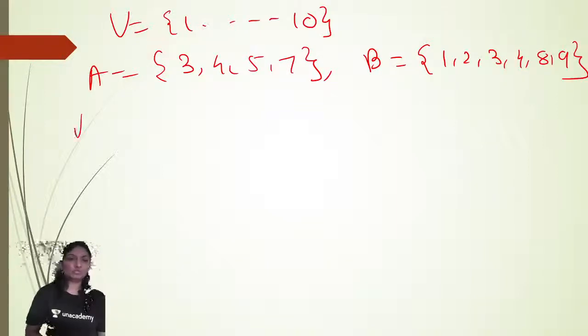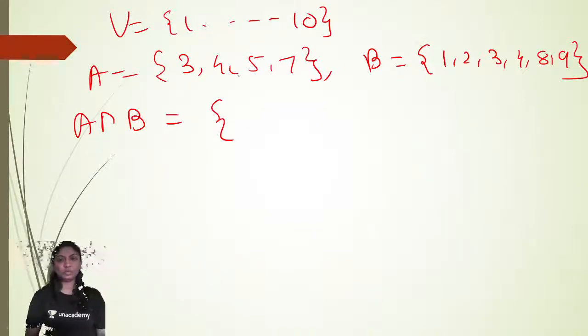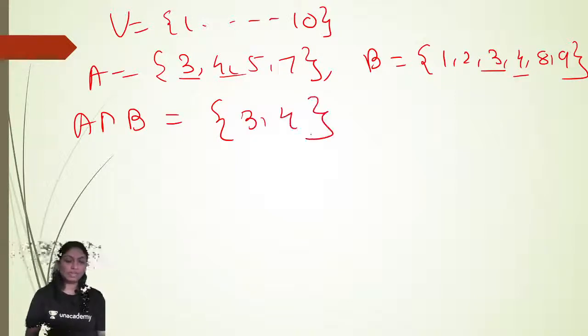So what are the elements in A intersection B? The elements which are common to both. Which elements are common in both the sets? Here is 3, 3, 4, 4. So A intersection B contains only 3 and 4.